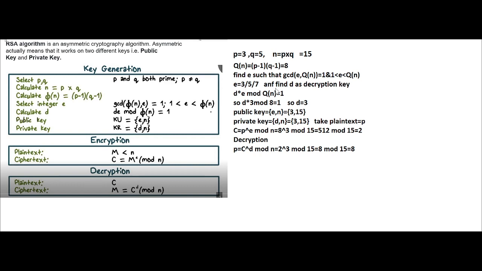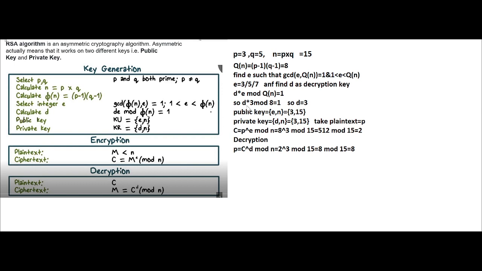In this way we also get the decryption key D. So D into E mod phi n equals 1. That I take from this formula. Now D into E mod phi n.